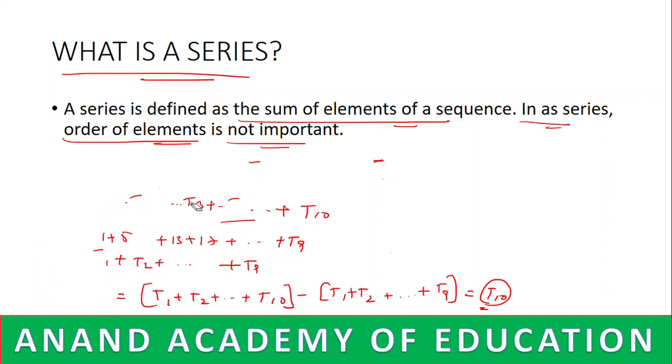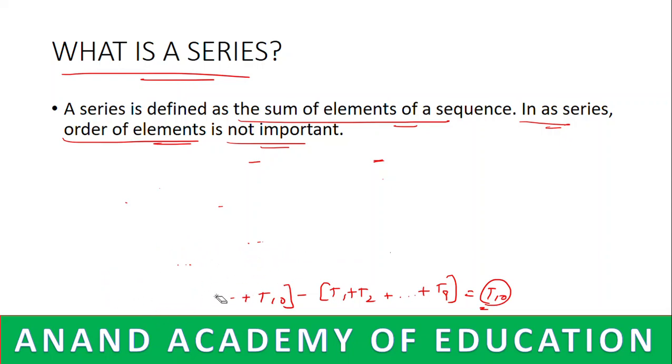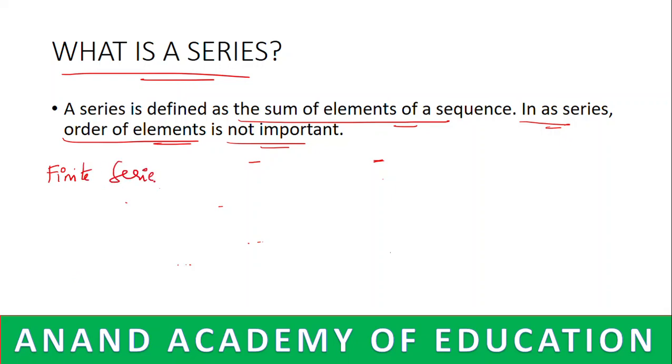Just like how we have finite and infinite sequences, we have finite and infinite series. So what is a finite series? A finite series is a series that involves a finite number of terms.